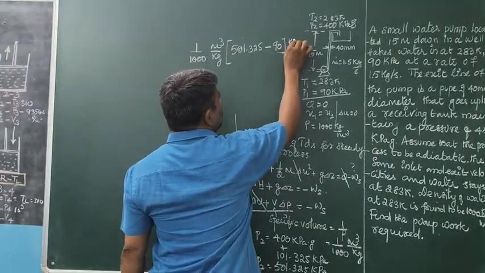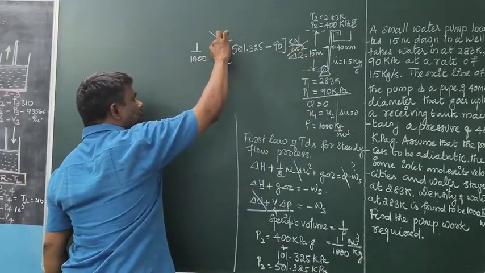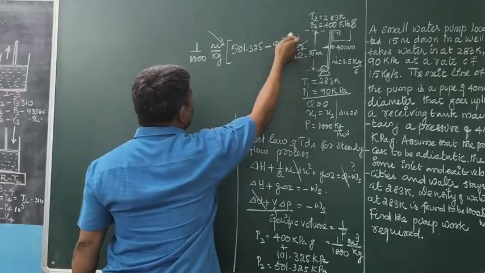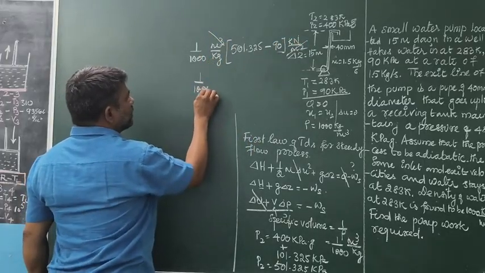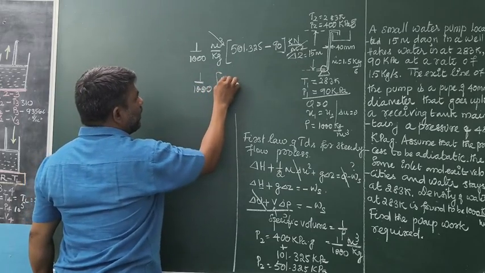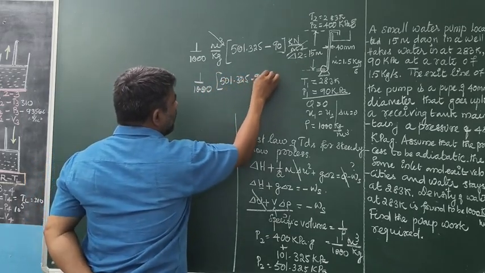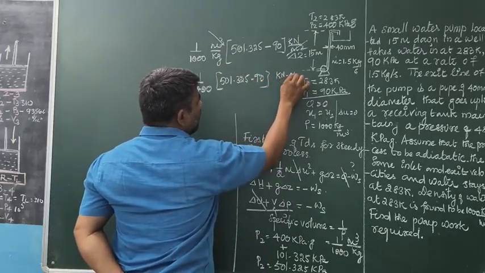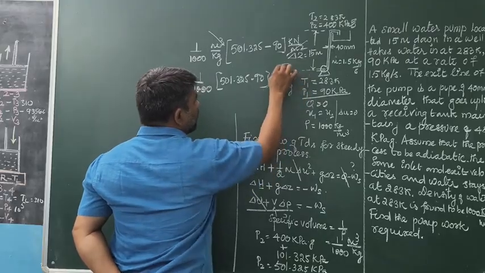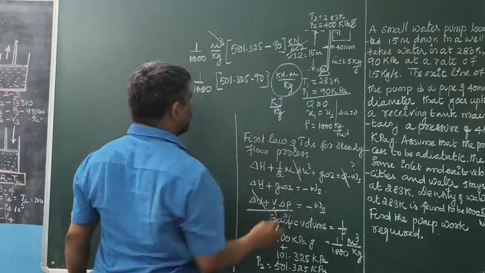So kN divided by meter square, meter cube, the meter cube cancels. The remaining unit is kilo Newton meter per kg, which becomes kilojoules per kg.